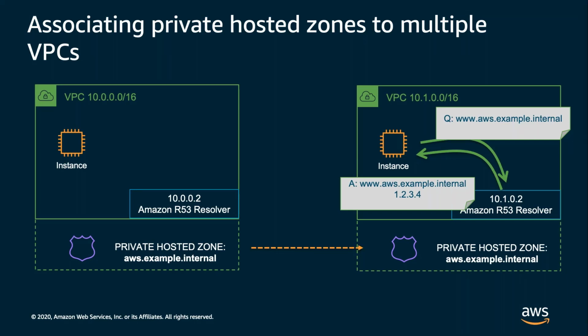We've just taken that private hosted zone and attached it to an additional VPC. And this can scale out to many hundreds of VPCs. And we have customers that use this to have that common view of DNS between a large number of VPCs.